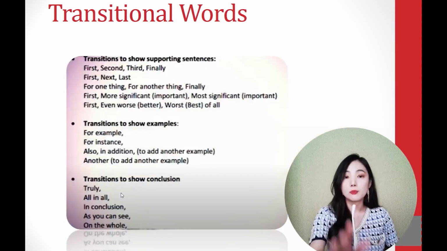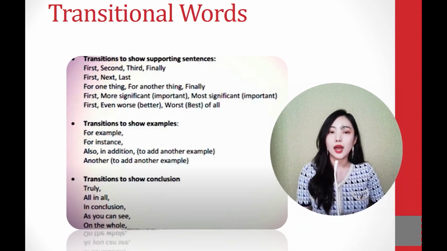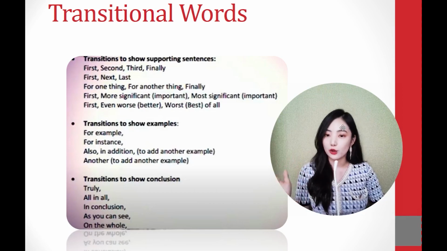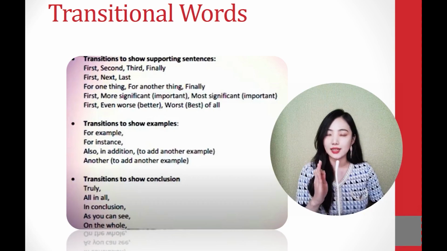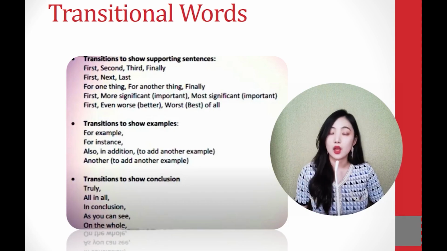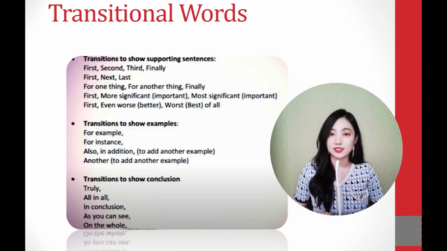So there are some more examples of transitional words. First, second, third, finally. You can use those too. Also, you can say first, next, last. For one thing, for another thing, and finally. First, more significant. Significant means important.